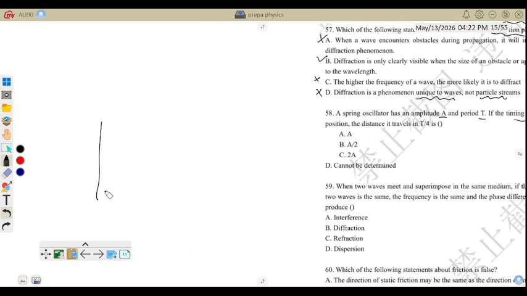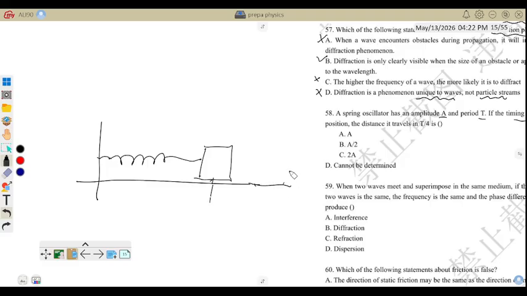For a spring oscillator, if we extend it to its maximum amplitude, minus A here, it will oscillate between those two positions. So the timing reference would be at the equilibrium position. What is going to be the position of that object at T divided by 4?